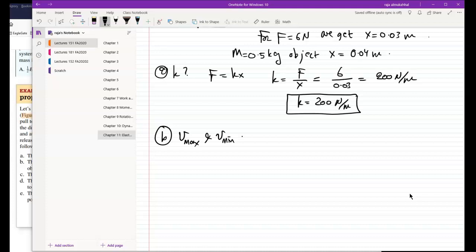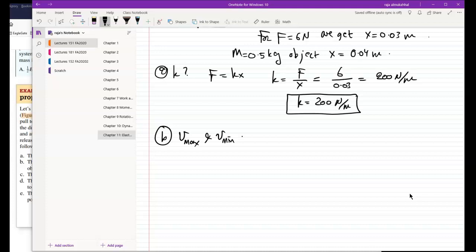Another way of seeing it is, when velocity is 0, that will be min. It's just not moving. That'll be minimum. And the maximum, of course, is when it reaches the maximum speed. All right.